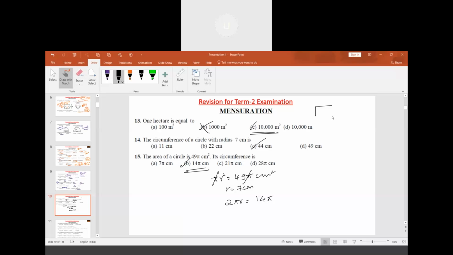A square shape with 100 meter on each side. 100 into 100 is 10,000. Yes, you are right, 10,000 meter square.